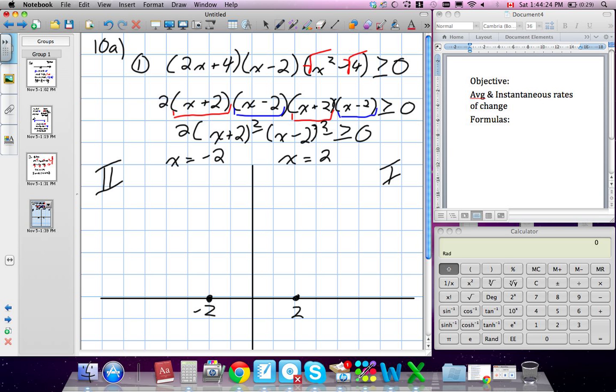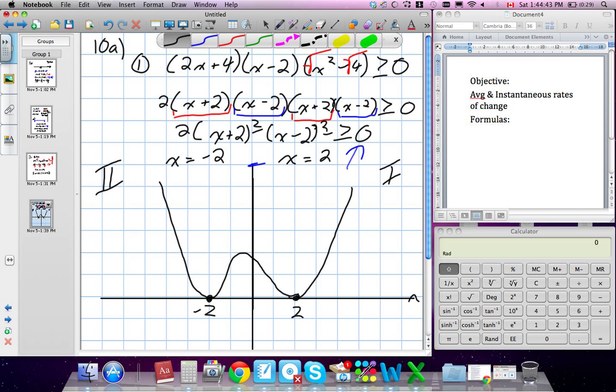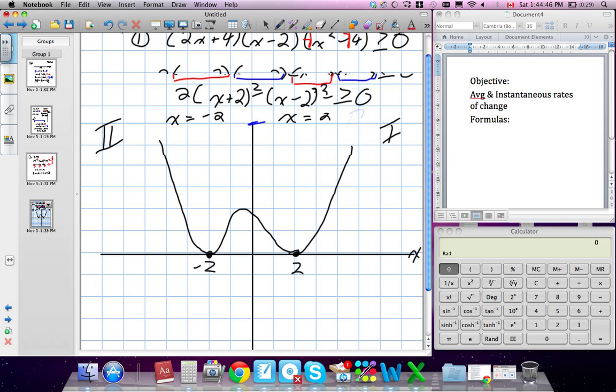So we're going to get a function that goes like this. Comes around, comes up, comes down, and comes up again. Okay. So now what we're discussing is when it is greater than 0. So essentially on our y-axis, when are we above the x-axis for this function?